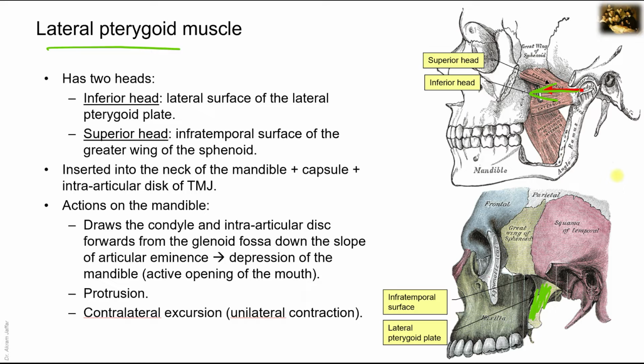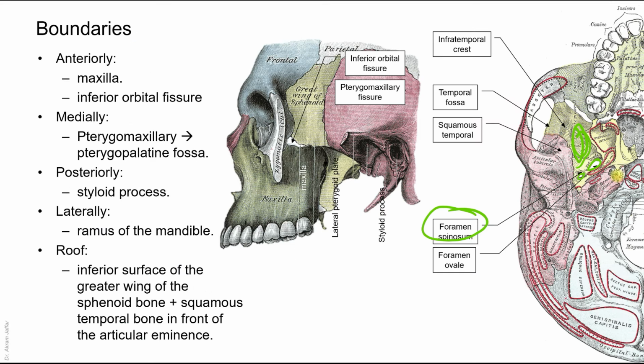They pull forward on the neck of the mandible and the intra-articular disc, and so they draw the condyle and the intra-articular disc forward from the glenoid fossa. As we have just mentioned, in front of the glenoid fossa there is an articular eminence.